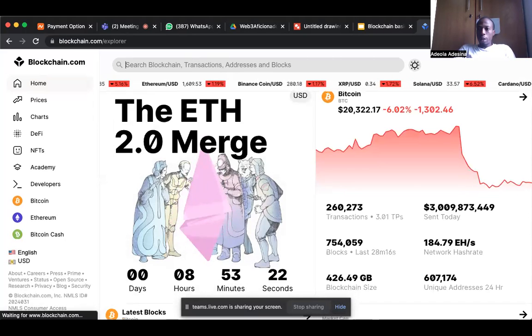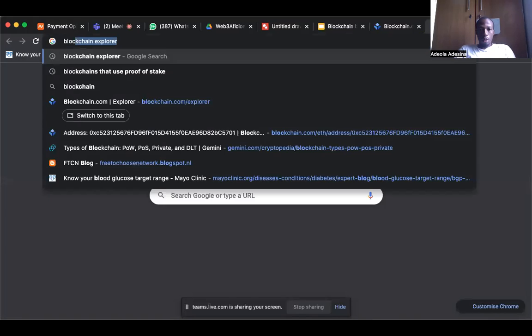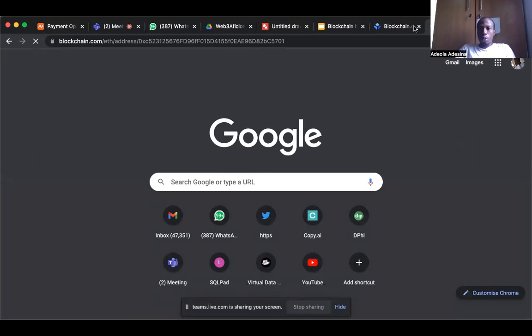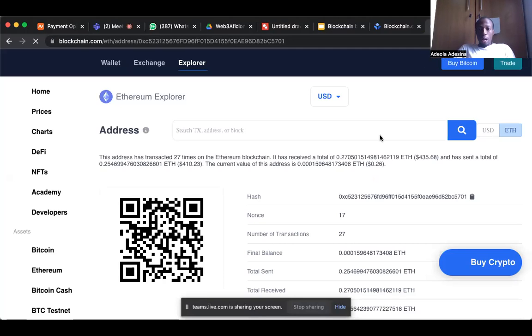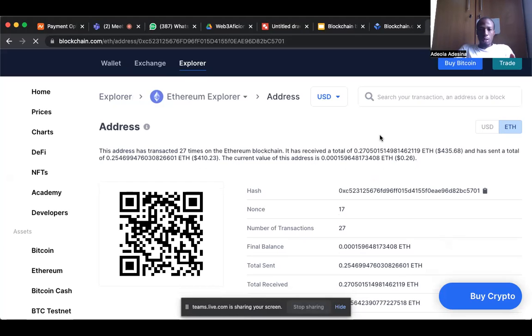There was one I did last week. Let me look for it. So I queried someone's Ethereum wallet, and I was able to find it. This is Benga's Ethereum wallet.